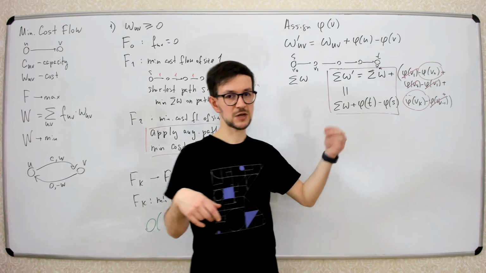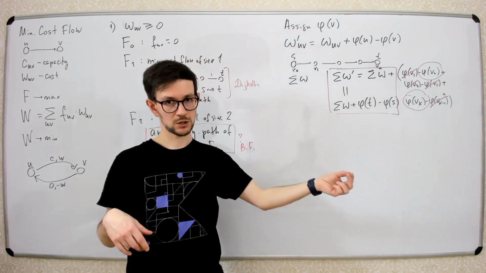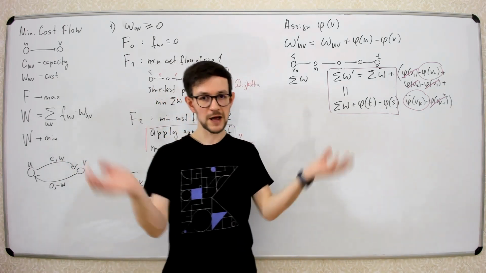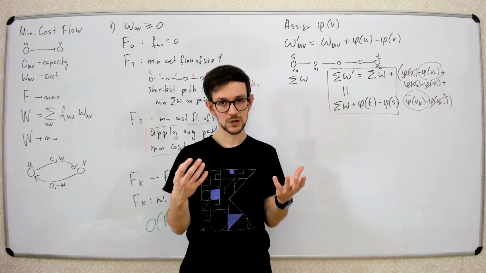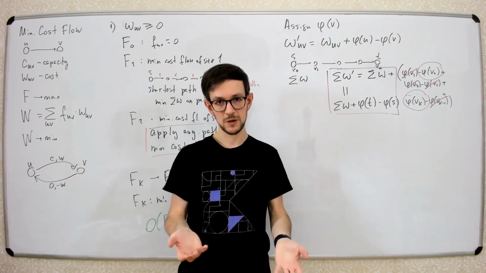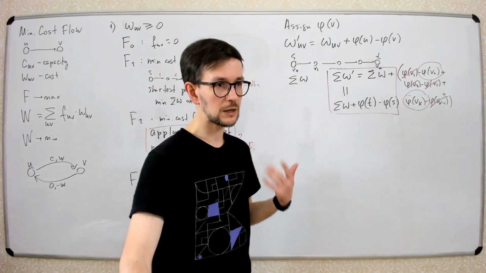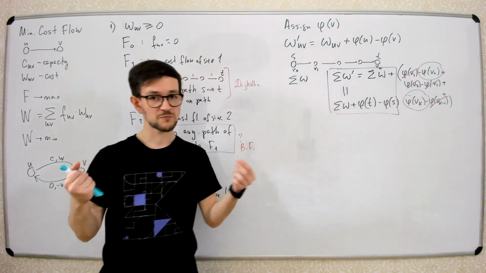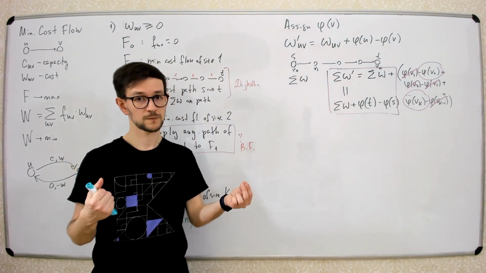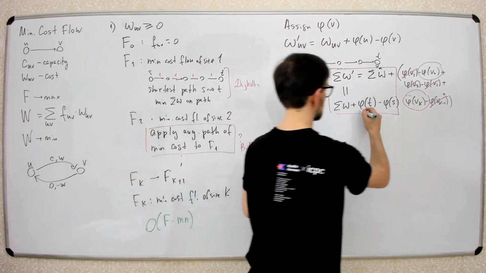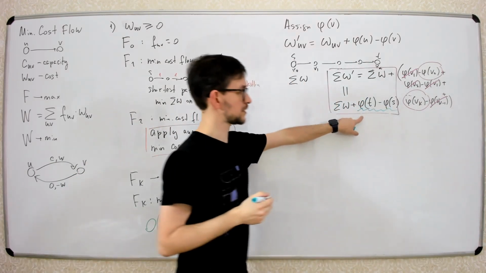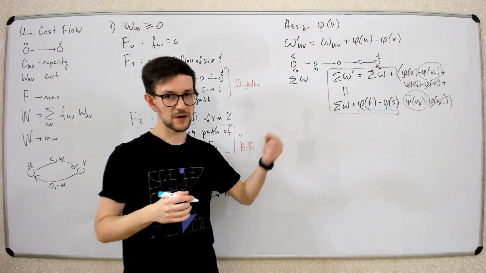This value is the same for all paths from S to T. So if you change all elements in the set by the same constant, the minimum element will still be the minimal element, right? So the shortest path is still the shortest path.